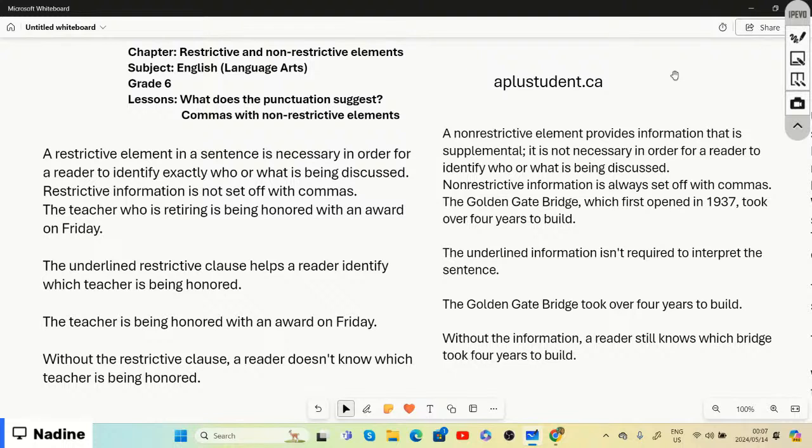For example, the teacher who is retiring is being honored with an award on Friday.